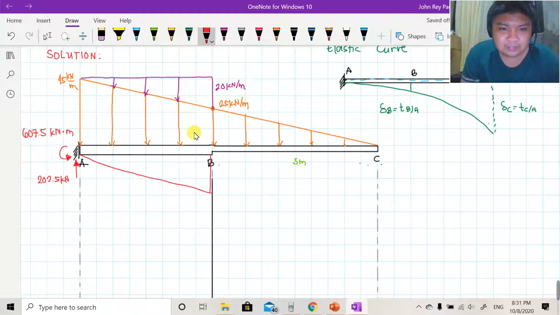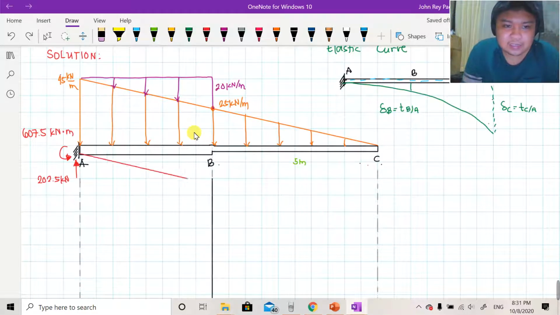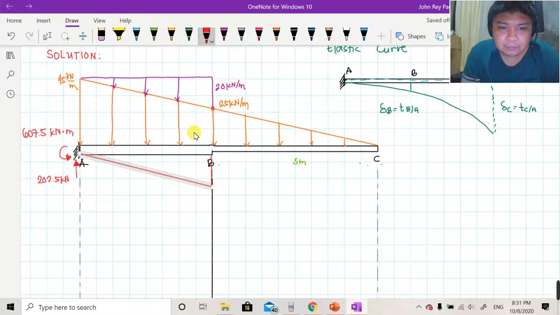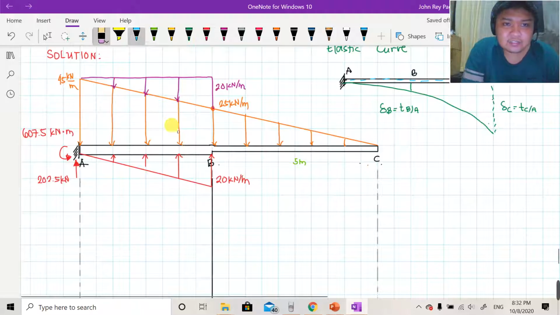So, ganun yung magiging process natin, di ba? So, para mas madali yung ating moment diagram by parts. Sige? Pero yung height nito, class, ay simply 20 kilonewton per meter lang. Okay? So, therefore, ito na class, yung i-sketchan natin ng moment diagram by parts. So, ito automatic, magiging rectangle siya.